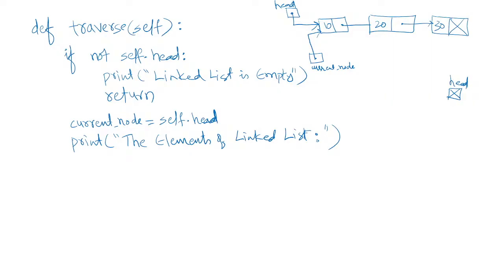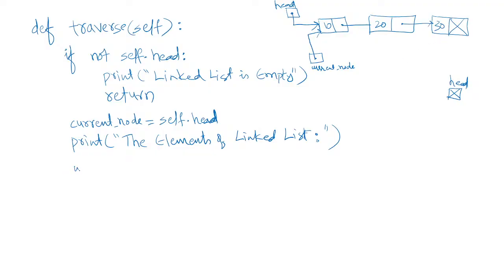Then you should traverse the link up to the end of the list. How do we know that you have reached the end of the list? If the last node, that means the current node's next, becomes equal to None, that means you reached the last node.